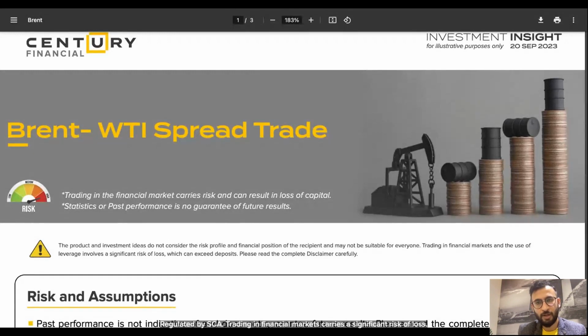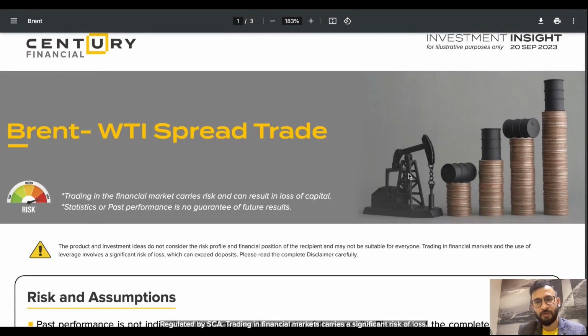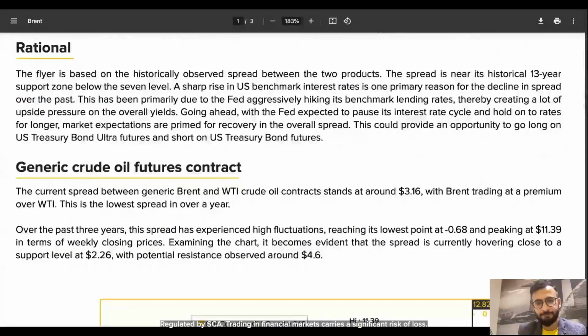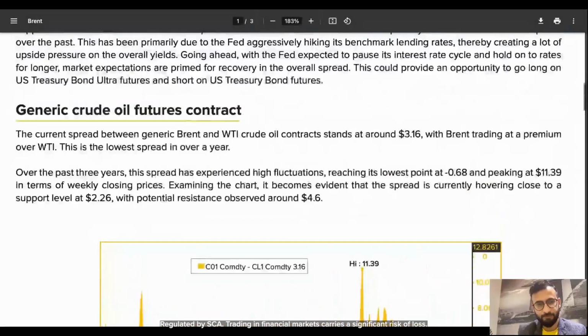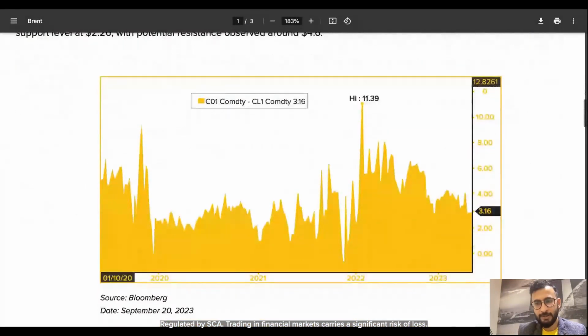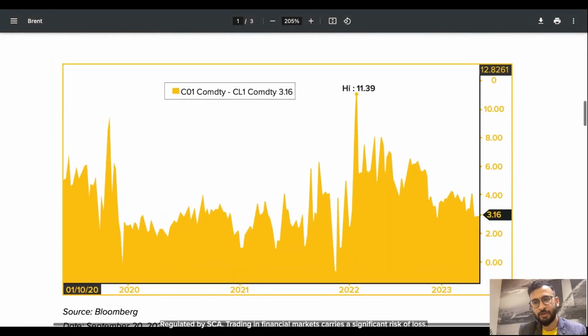Now, I just showed you the difference. It was around 2.5 or 2.6. Now look at this. Currently, the difference between both the oils is around $3.1. So this chart, what you see, is not the chart of the prices of crude oil.